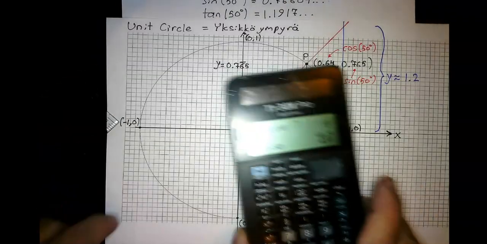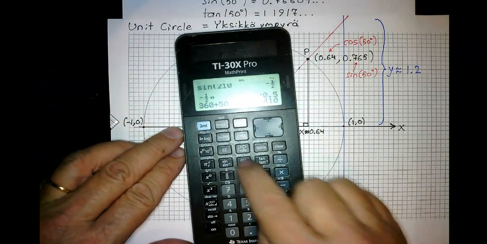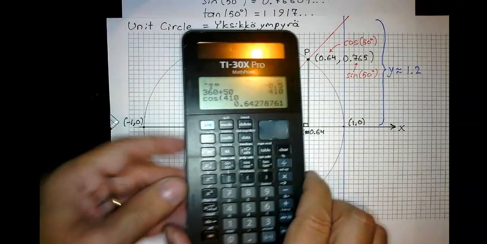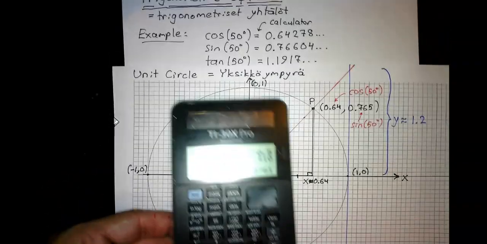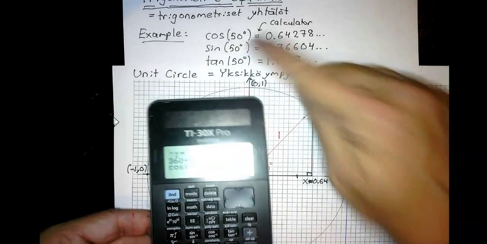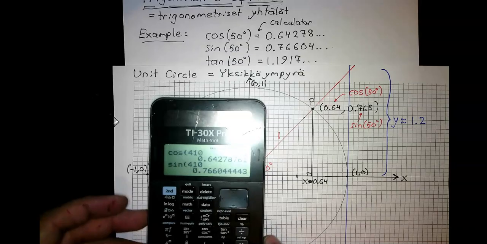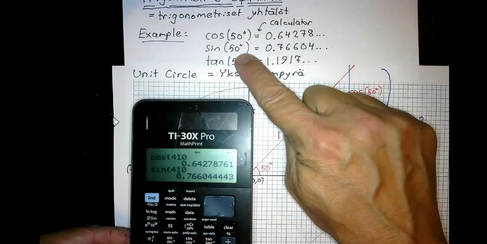And if we check what is cosine of 410, we will get the same value for cosine as we did with 50 degrees. And the same happens with sine, 0.766, and it is the same value as was sine 50.